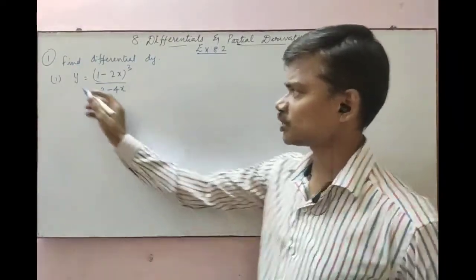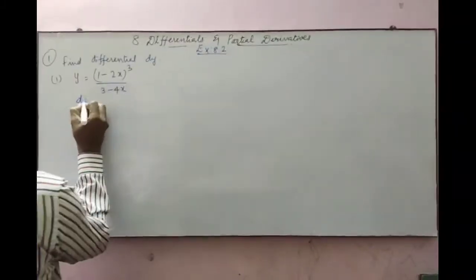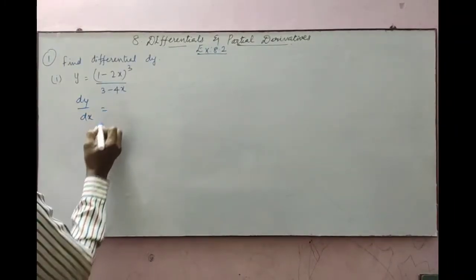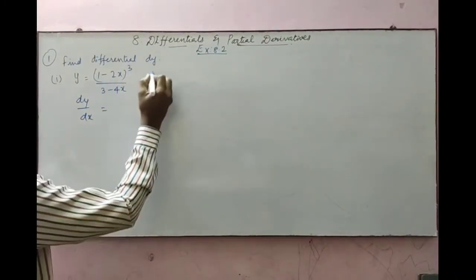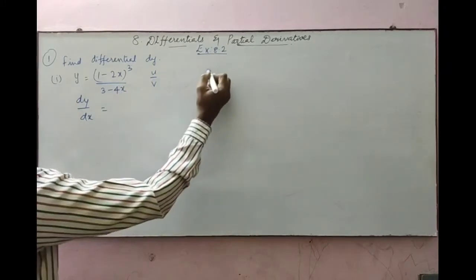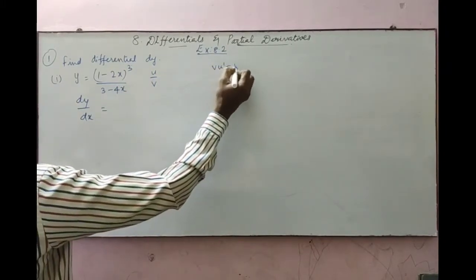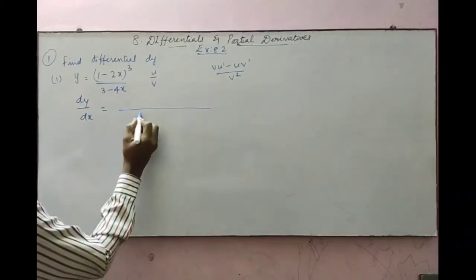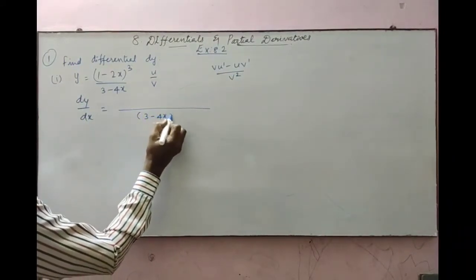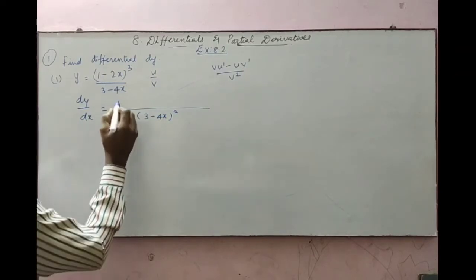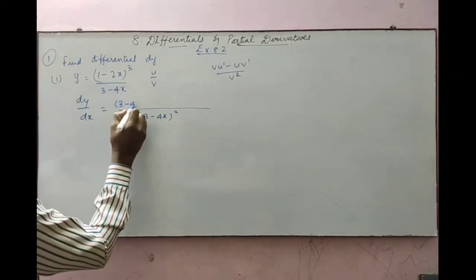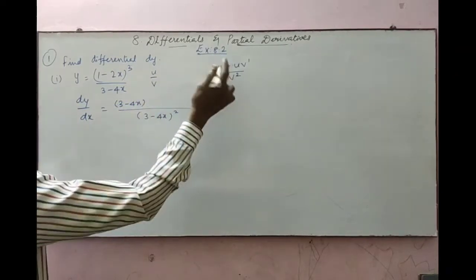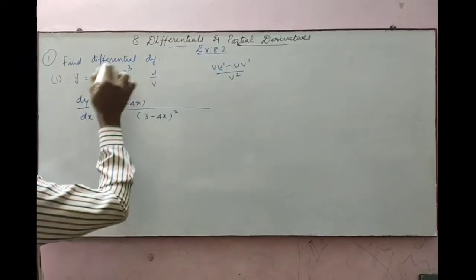If you differentiate this y with respect to x, you will get dy by dx. If you differentiate this in the form of u by v, the formula is v u dash minus u v dash by v square. So first I am going to write the v square here, (3 minus 4x) whole square. Keep the 3 minus 4x, that is v, as it is, and I am going to differentiate the u. U is the numerator.